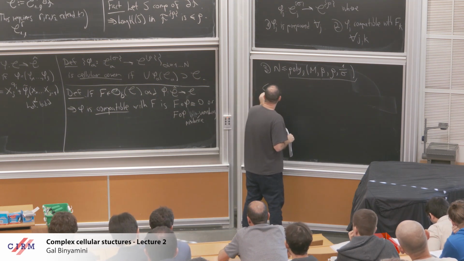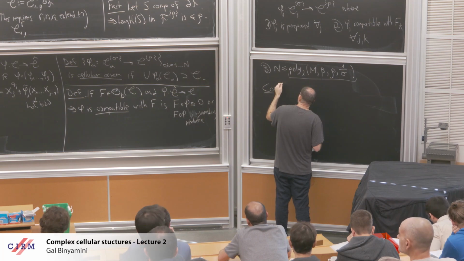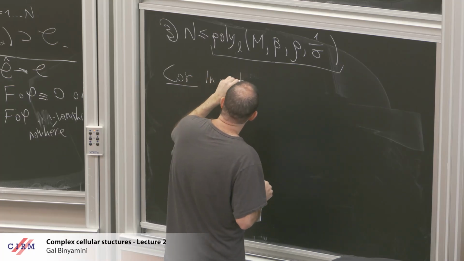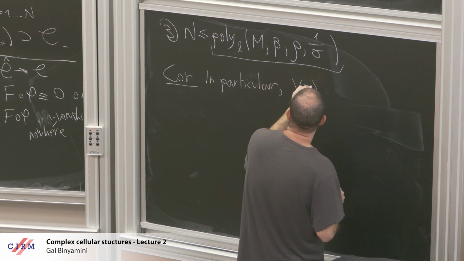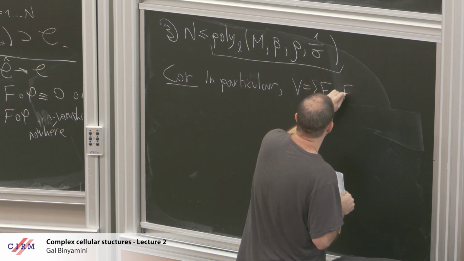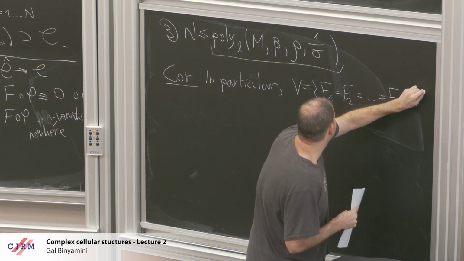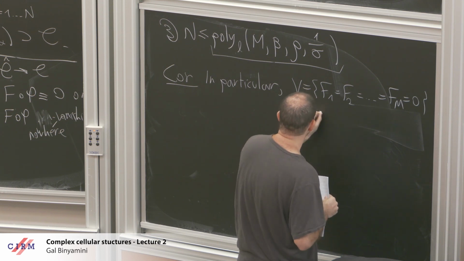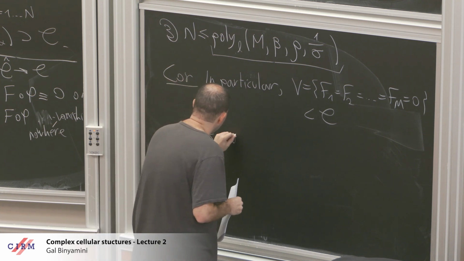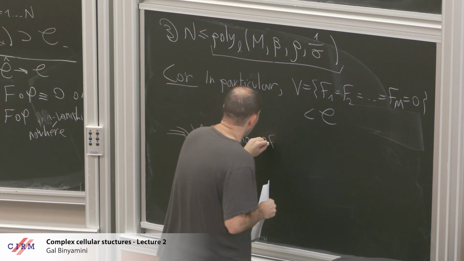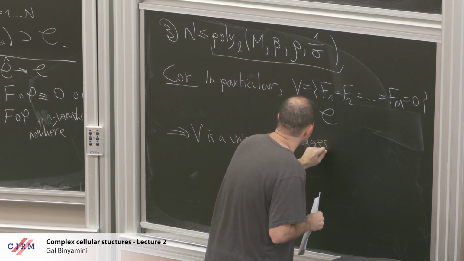So a corollary which is kind of standard is that if V is the common zero locus of f 1 up to f m inside this cell C, then V is a union of images of cells.